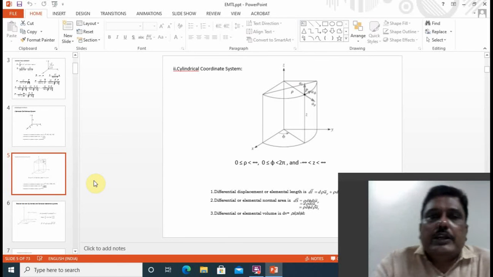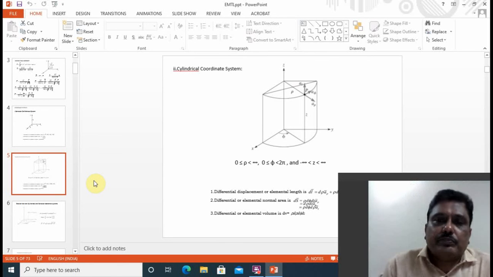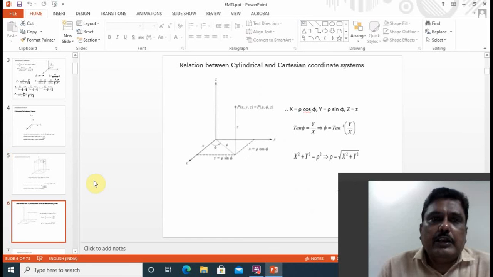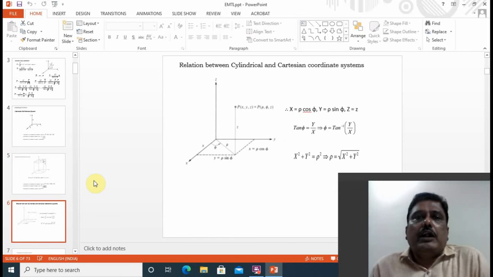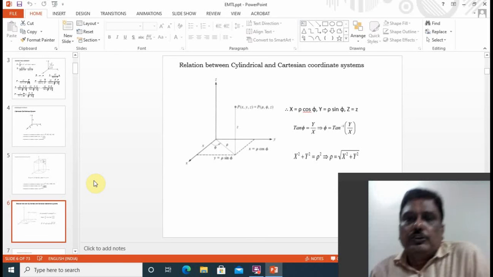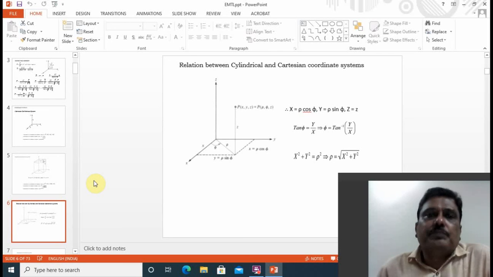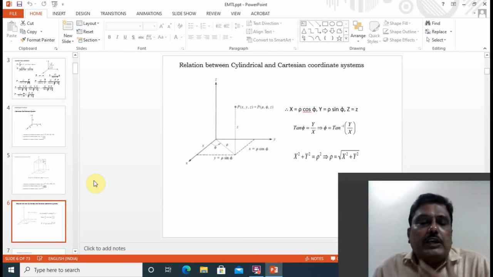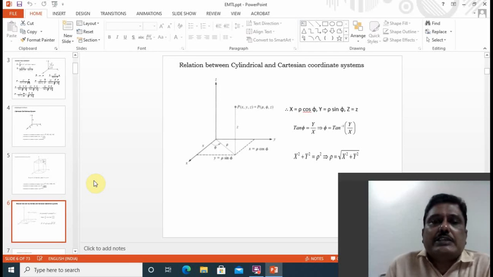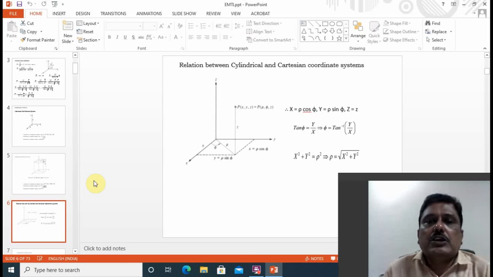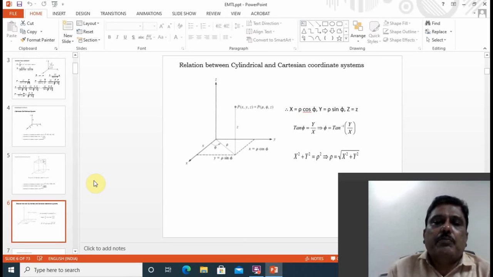So this is about cylindrical coordinate system. Let us find the relation between rectangular coordinate system and the cylindrical coordinate system. To find the relation, let us consider the figure as shown. The component of the rho axis along the x-axis is rho cos phi, and the component of the rho axis along the y-axis is rho sin phi.